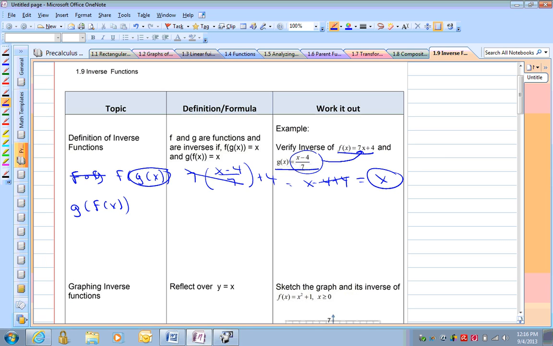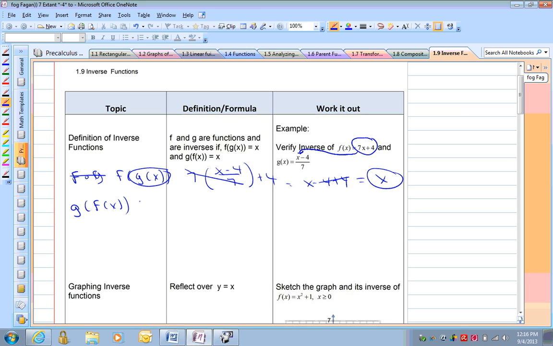This time I'm going to erase up here so you can see that better. So this time we're going to take our f information, and we're going to plug it in for the x in the g function.